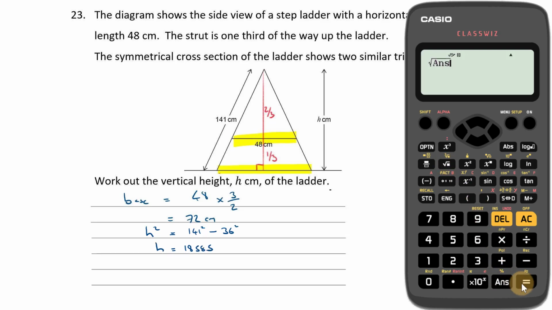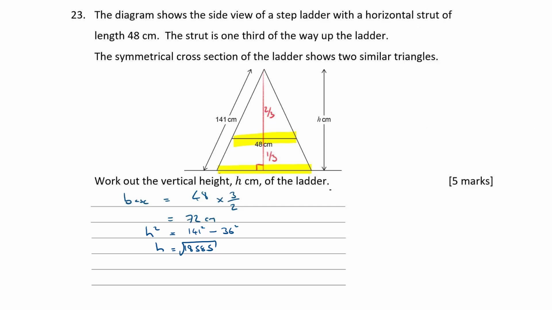So then h is going to be the square root of that, isn't it? So root answer, that's 136.3. Does that look right in my diagram? 136, it's one of the shorter sides, so it's certainly a little bit less than 141. That looks about right to me. 136.3.